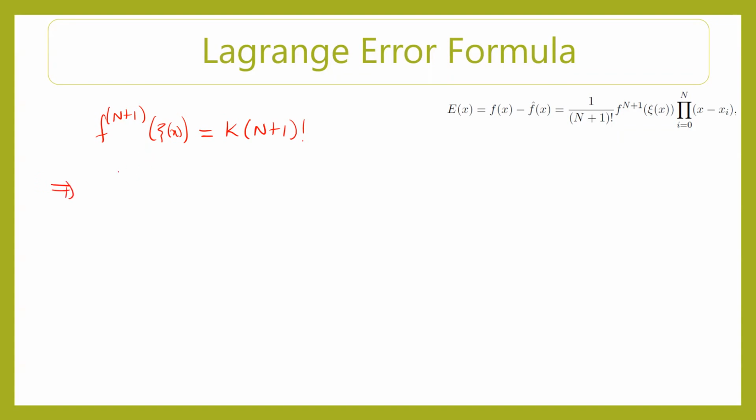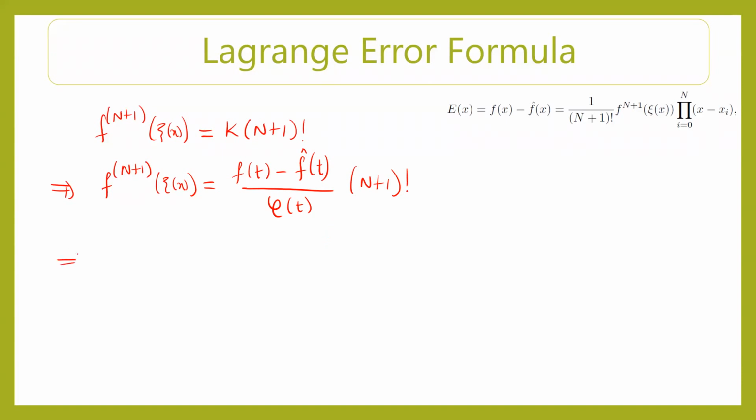Okay. Let's introduce what k is now. So f^(n+1)(ζ_x) is (f(t) minus f hat(t)) divided by phi(t) times (n+1) factorial. Okay, now let's move things around.